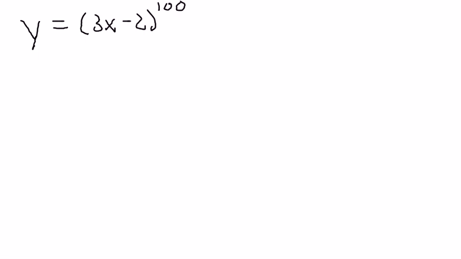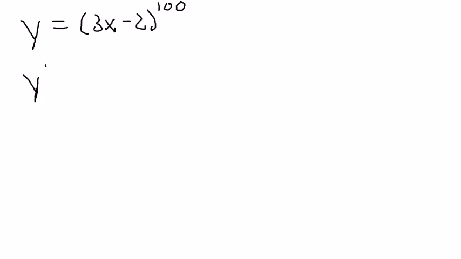Now let's look at this one as derivative outside, derivative inside. I'm not going to write down my u's and stuff. My outside function is the 3x minus 2 raised to the 100. So the 100 power, that's my outside function. The 3x minus 2 is my inside function. So the derivative would be the derivative of the outside function. Bring the 100 down.